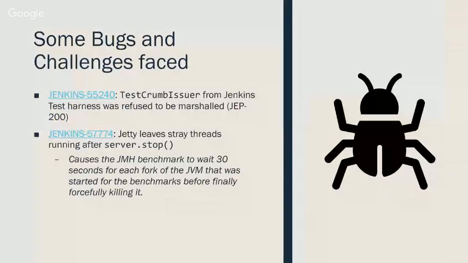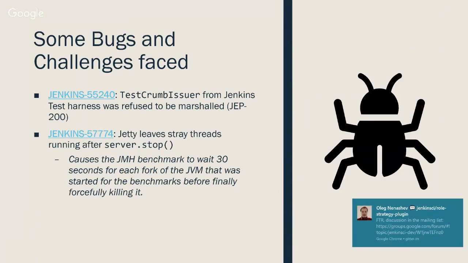Some of the challenges that I faced were these bugs. TestCrumbIssuer, which I was using because it was used in JenkinsRule from the Jenkins test harness, was not allowed to be marshaled from Configuration as Code.